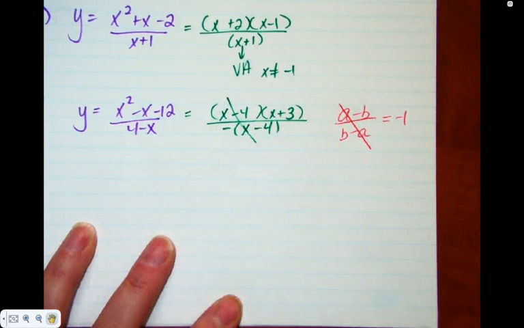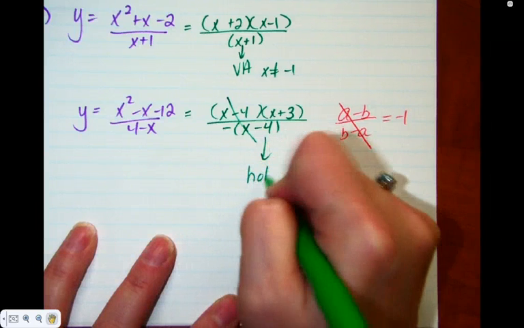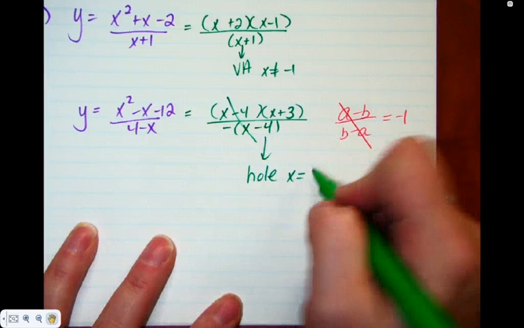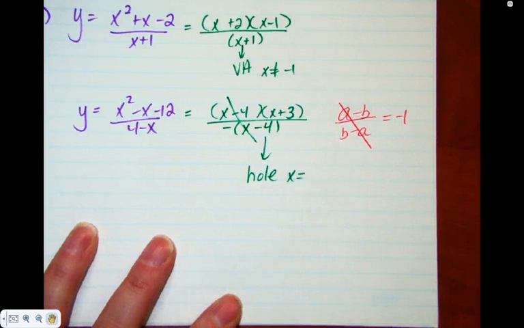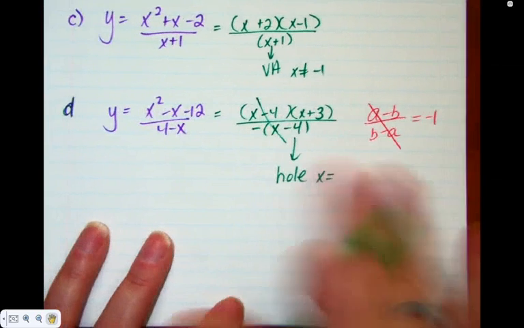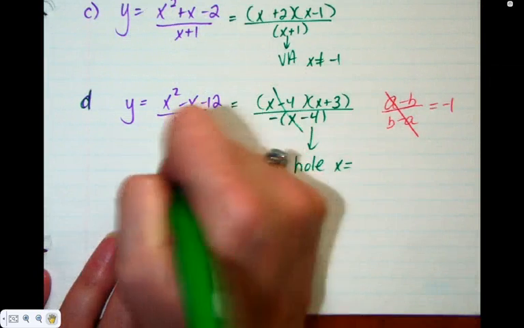So yes, it can cancel, which means hole at x equals, I heard 4 and I heard negative 4. Are you sure? How do we usually do this? Well, we take the bottom, we equate to 0 and solve.